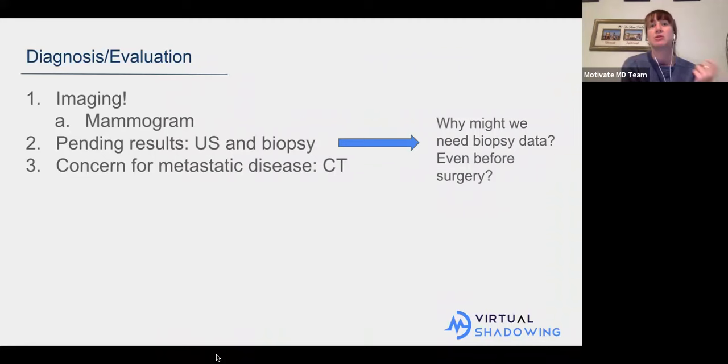Or could we get away with just a lump, what they would call a lumpectomy? So just take out that local stuff. That biopsy data helps us guide that decision, essentially. And that's planning we need to know before we go into the OR. That's what the surgeon's going to want to have before they're willing to cut this person open. All righty.